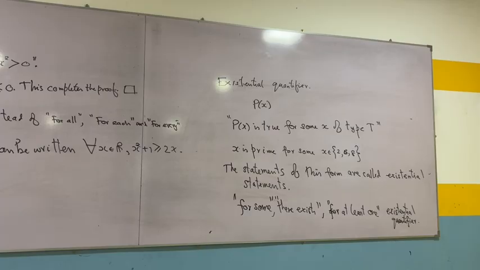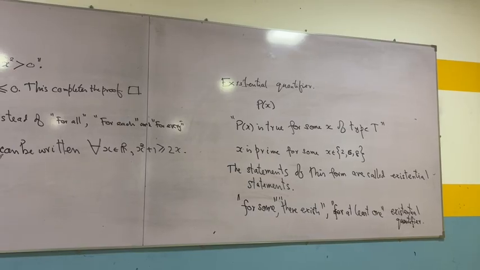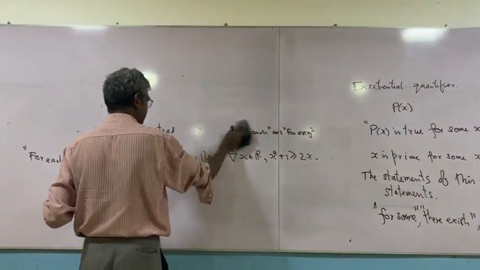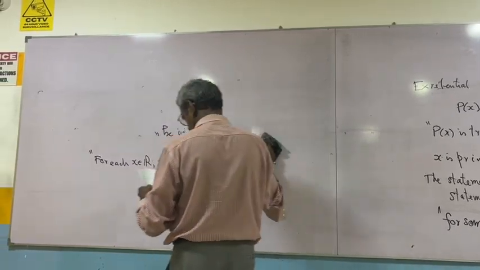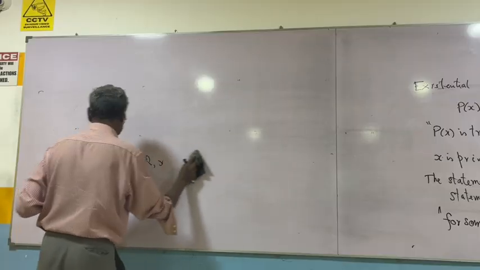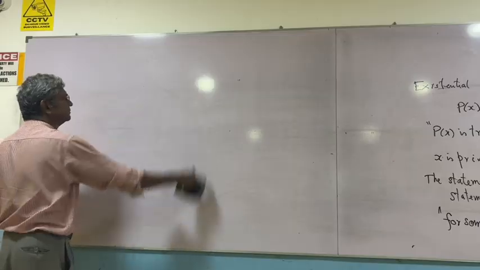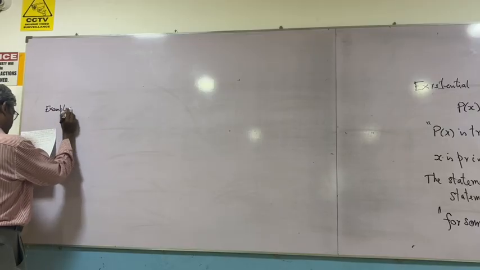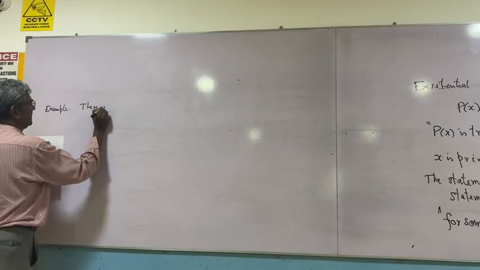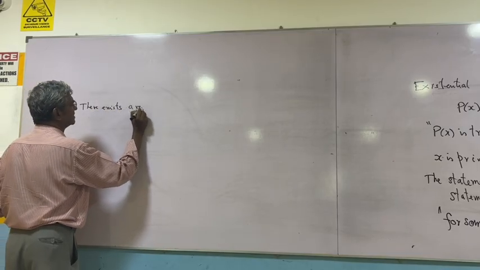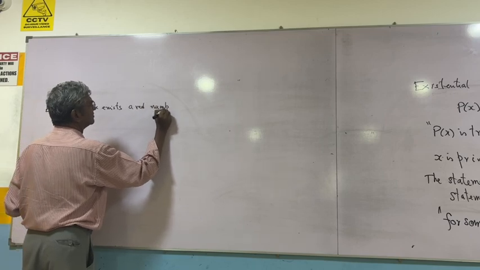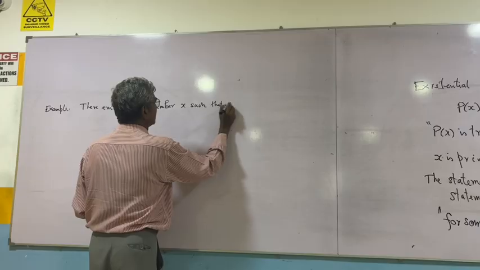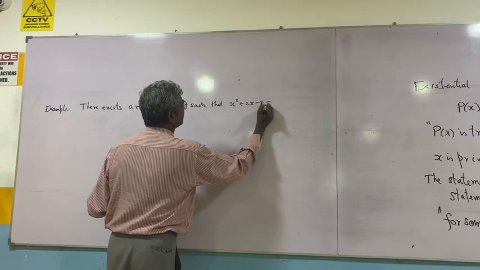So let us write an example. There exists a real number x such that x squared plus 2x minus 8 is equal to 0.